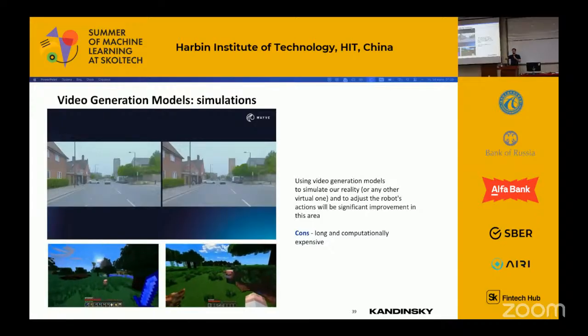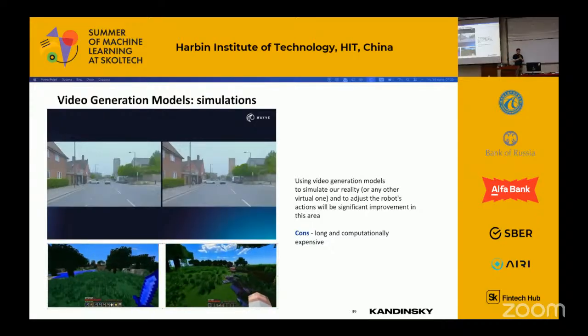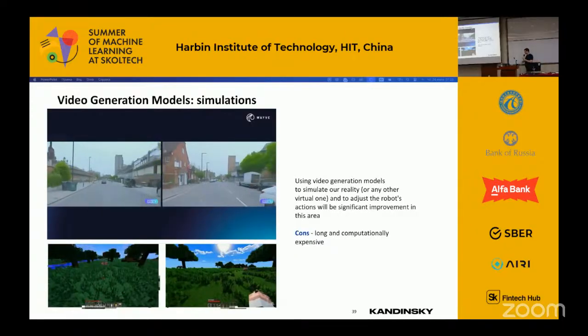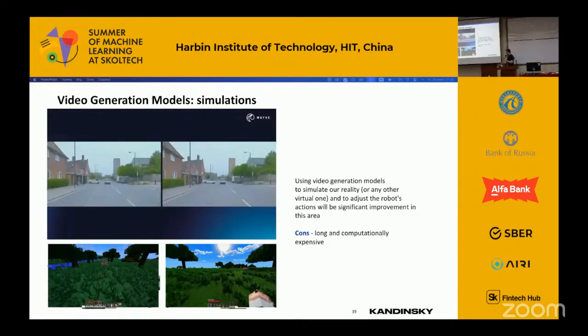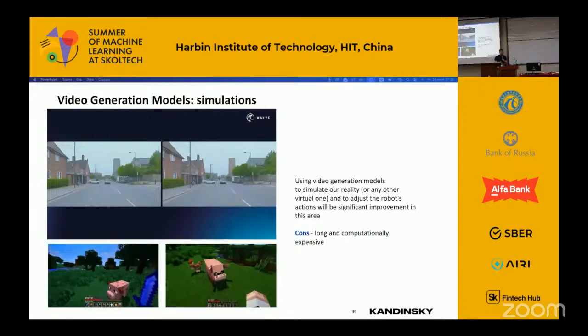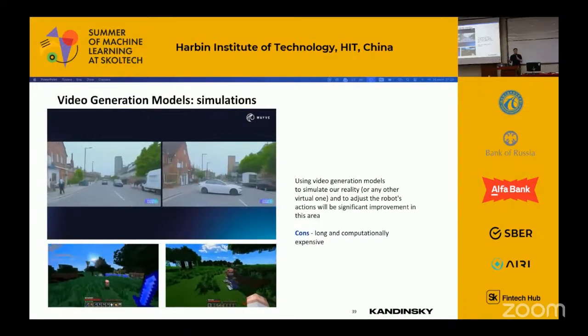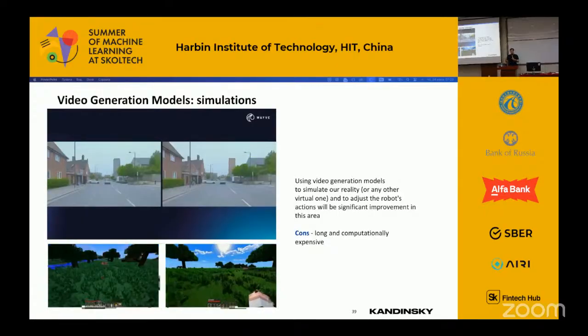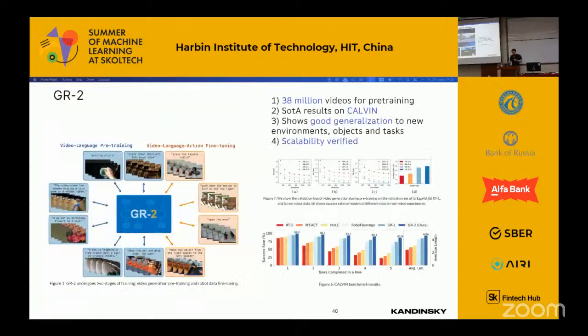If you train on a huge amount of data, it can imagine the car on the Mars, on the moon, in Moscow, in Harbin, in Las Vegas, whatever you want. You can simulate whatever you want, and can train your robot, your self-driving car on this data. That's the idea. And actually, it works quite well.